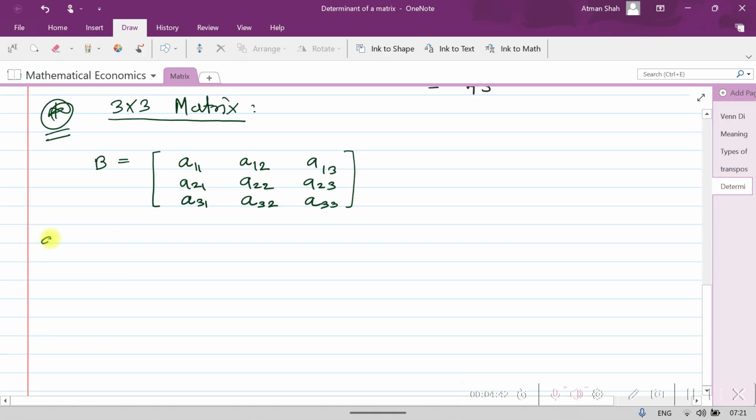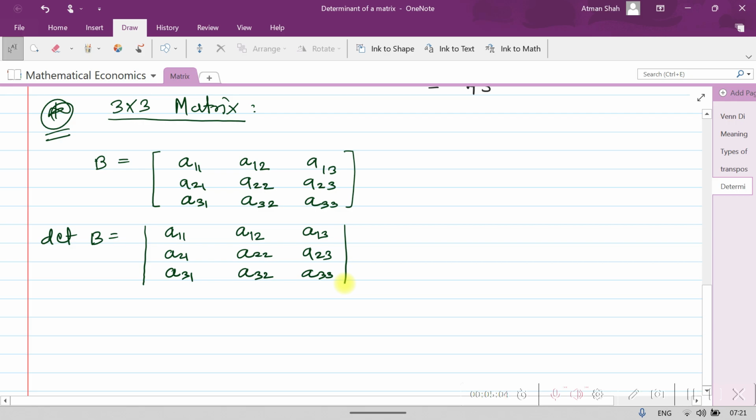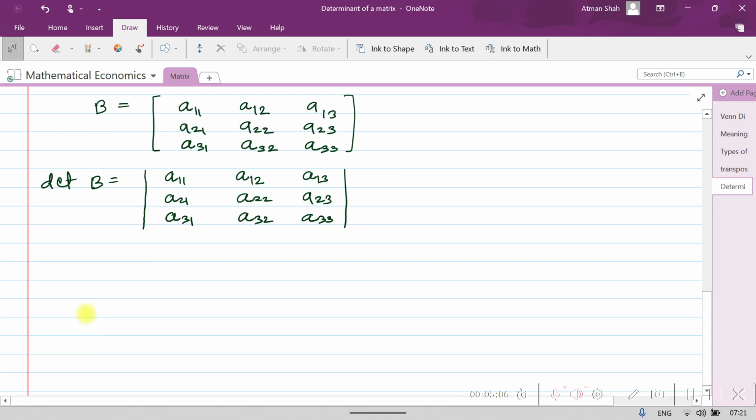So the determinant of B is |A11, A12, A13; A21, A22, A23; A31, A32, A33|. So how do we find the value?